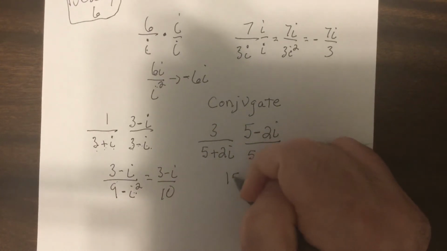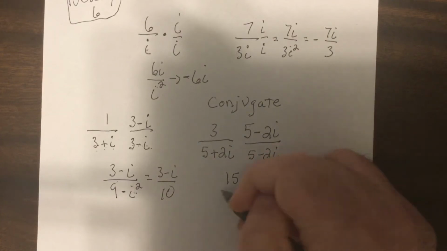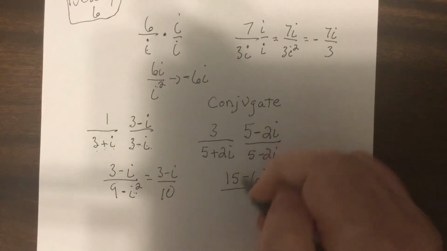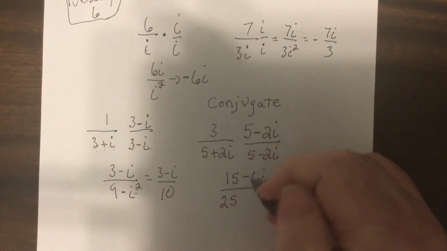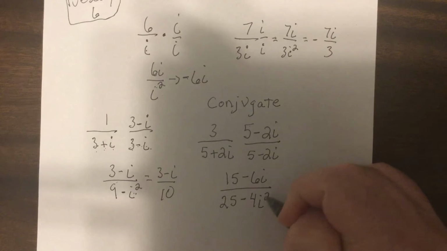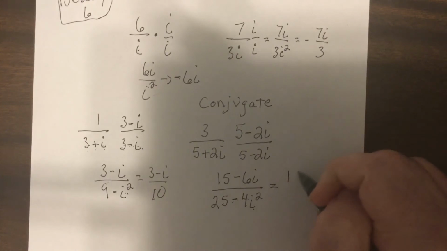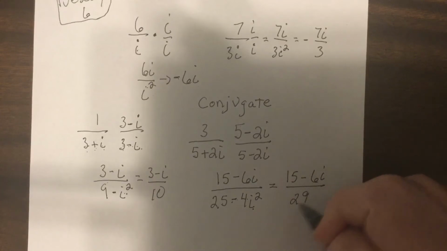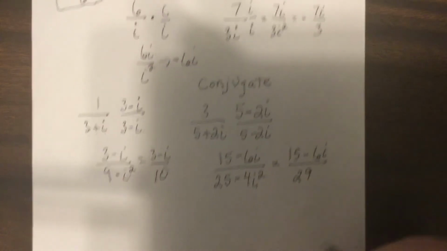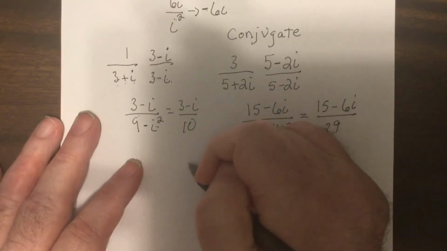So I'd have 15 minus 6i over 5 times 5 is 25. 10i minus 10i is 0, minus 4i squared. But i squared's -1, so it'd be minus 4, which is plus 4, which would be 15 minus 6i over 29. 25 plus 4.